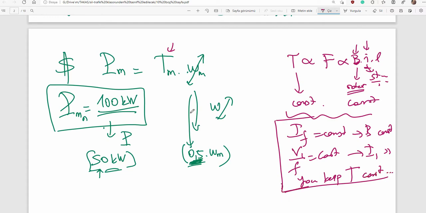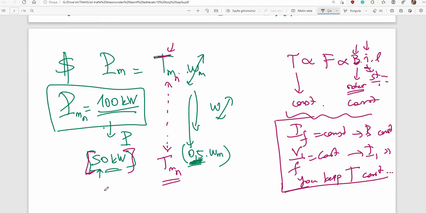That's it. You lost some output power, but you have managed to keep, let's say, rated torque at a constant value. You keep the torque. God bless you.